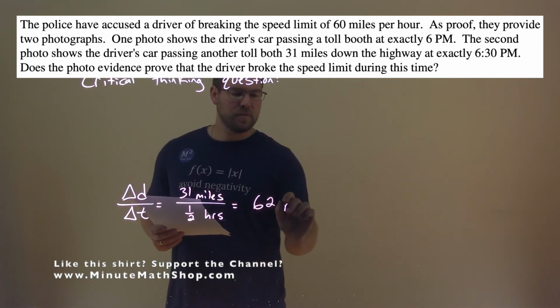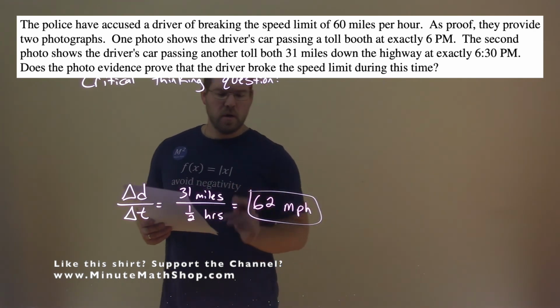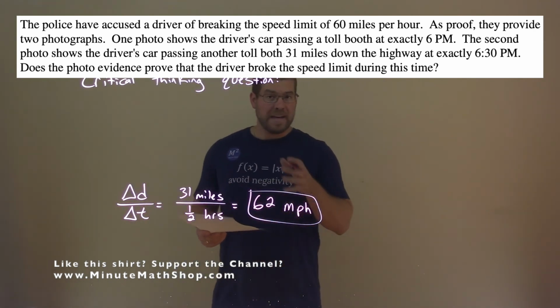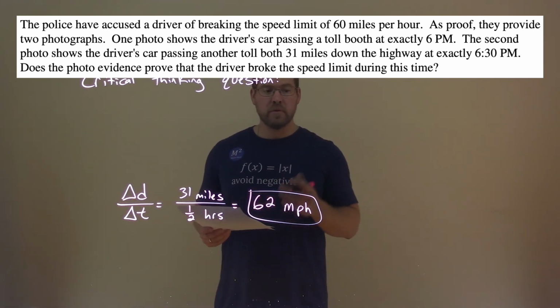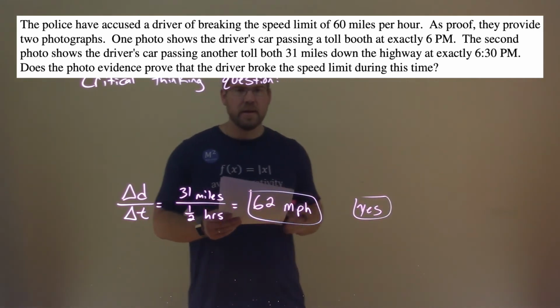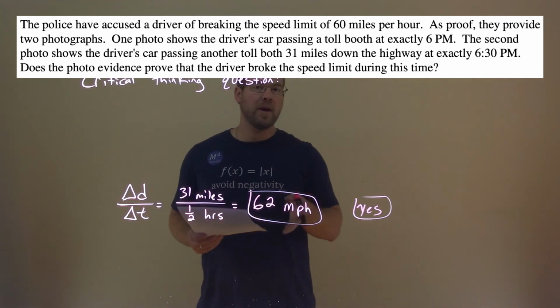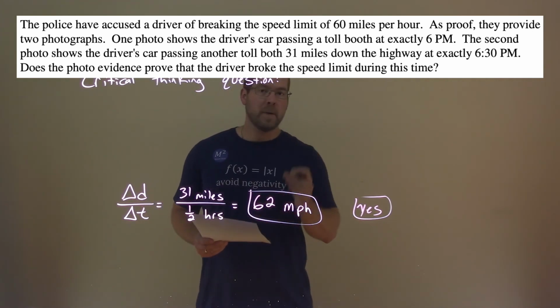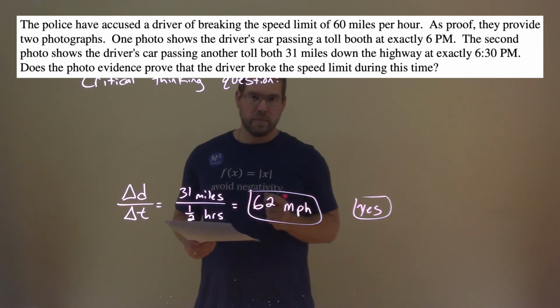And that's 62 miles per hour we have here. So our motorist traveled an average speed of 62 miles per hour over this interval. So yes, the motorist did break the speed limit of 60 miles an hour. If the average was 62 miles per hour, at some point the motorist must have traveled over 60 miles per hour and therefore broke the speed limit.